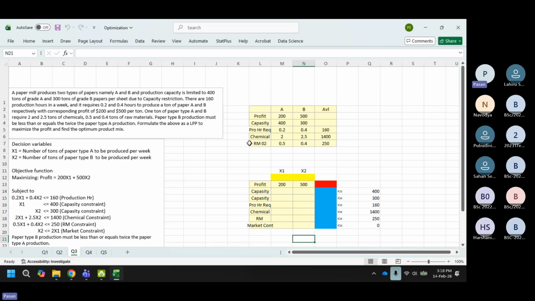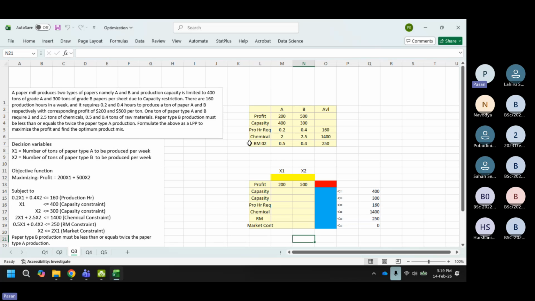So in terms of the 160 production hours, it requires 0.2 hours to produce paper type A and 0.4 hours to produce paper type B, right? And then the profits from each one will be 200 from A and 500 from B, in terms of per ton.